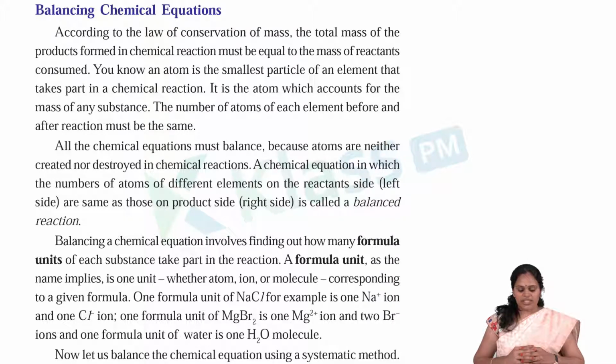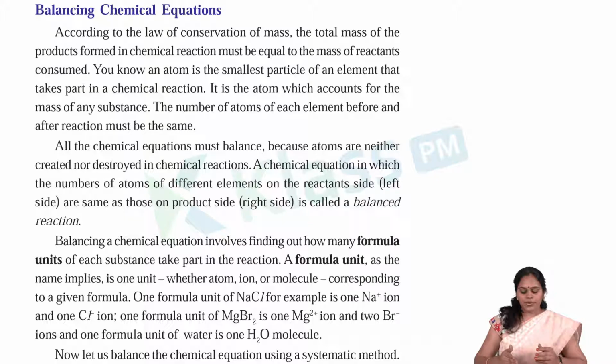Balancing a chemical equation involves finding out how many formula units of each substance take part in the reaction. How to balance an equation? What are the steps involved in it? The first step is finding out how many formula units of each substance take part in the reaction.